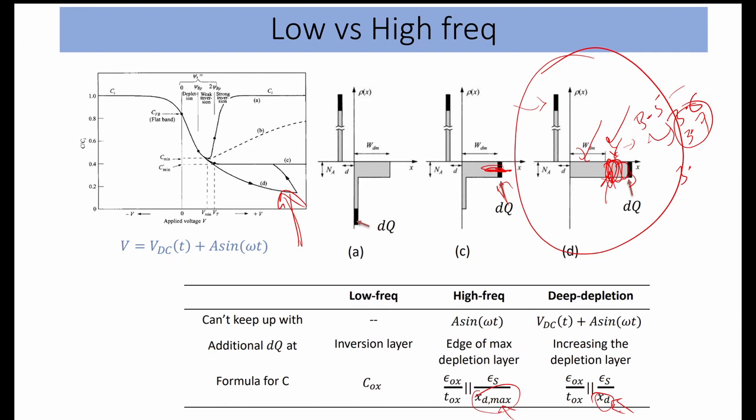The uncovering of the electrons or holes will happen at the interface at this WD max only, or what we can say the additional dQ, the charge. I am saying uncovering because we are taking the holes from the dopants only.